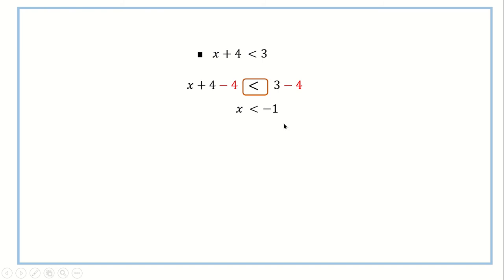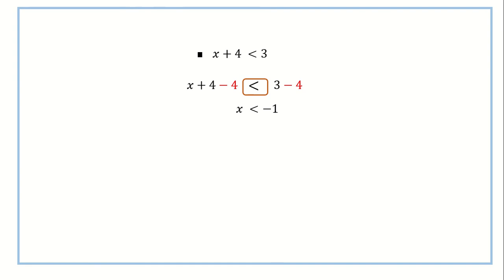Okay, now what does this mean? It means that the solutions to this inequality are all real numbers that are less than negative 1. And if we substitute any real number that is less than negative 1, the inequality will always be true.